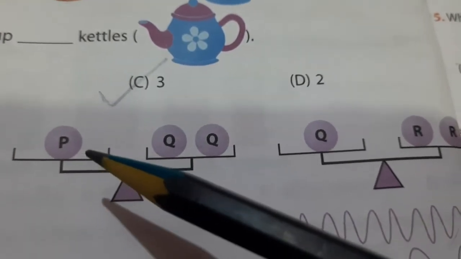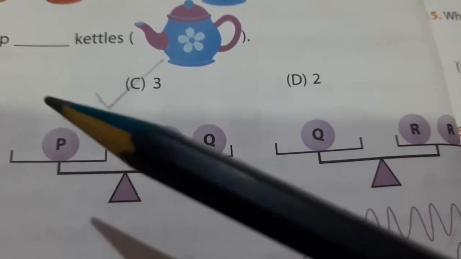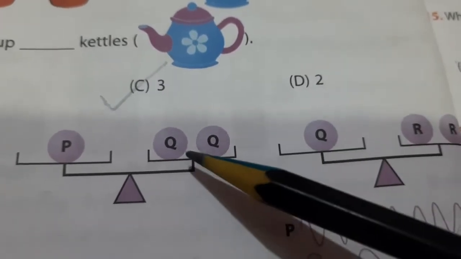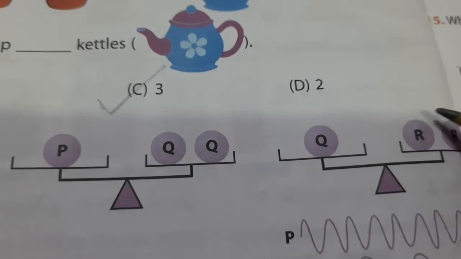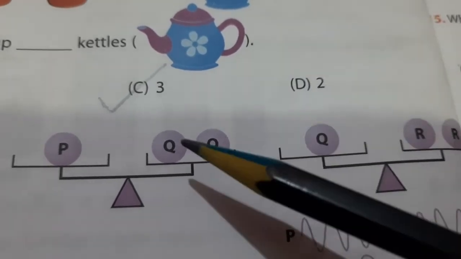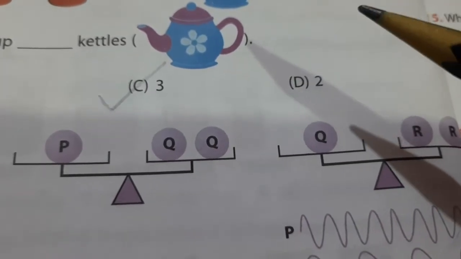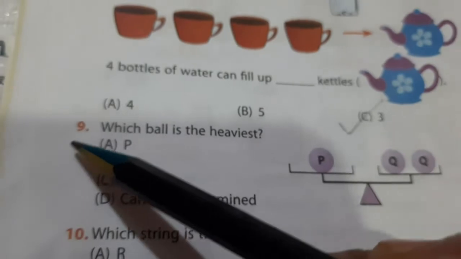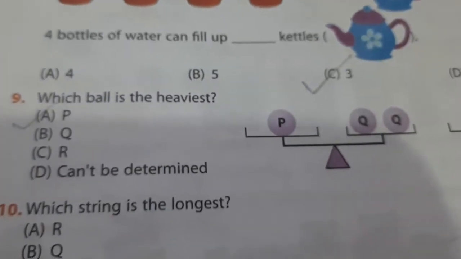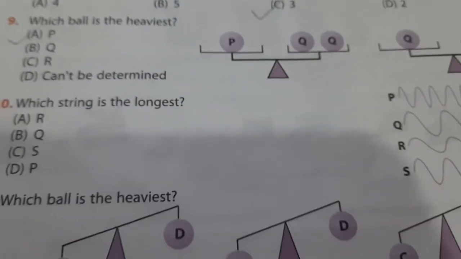So if you look by that, the heaviest will be P because all these are lighter than P. R is lighter than Q and Q is lighter than P, isn't it? And hence P is the heaviest, which is nothing but option A. Please tick it.